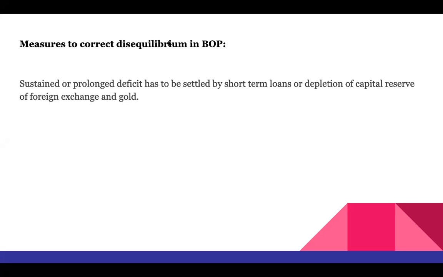Measures to correct this kind of disequilibrium: a sustained prolonged deficit has to be settled by short-term loan or depletion of capital reserve of foreign exchange and gold. For example, in case I want to correct my disequilibrium, I will start borrowing. When there is too much outflow, I will borrow money from outside on a short-term basis.